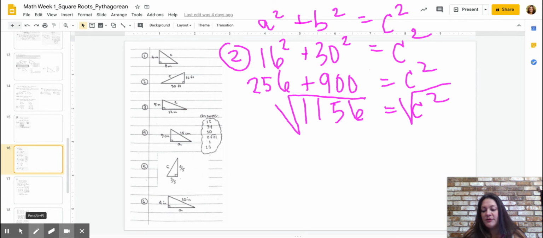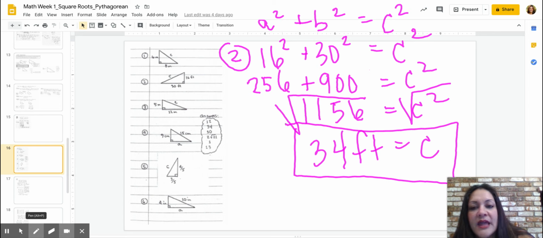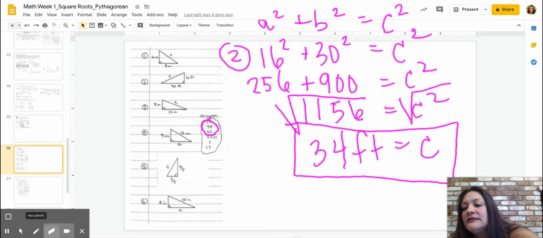Okay, so I'm going to say 1,156 square root is 34. 34, remember our label is feet, equals c. And there it is on our answer key. Going well.